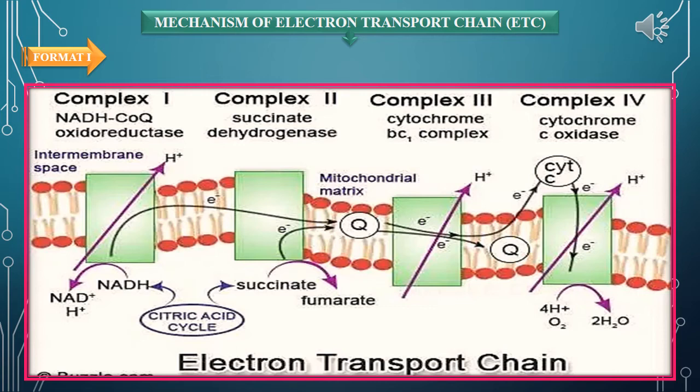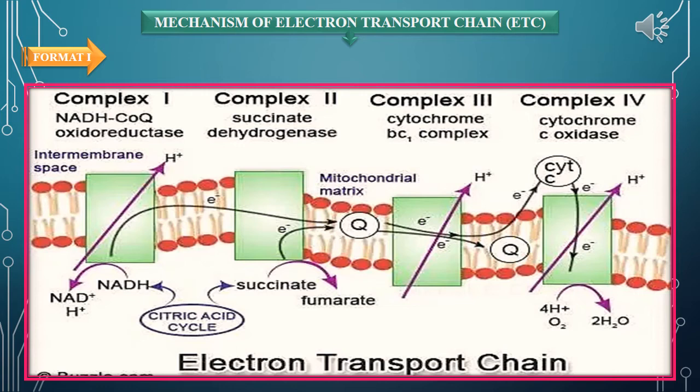You can observe this chain has 4 complexes with the name mentioned near each complex. And each complex releases protons, that is hydrogen ions. When hydrogen ion release occurs, electrons are transported through the chain.